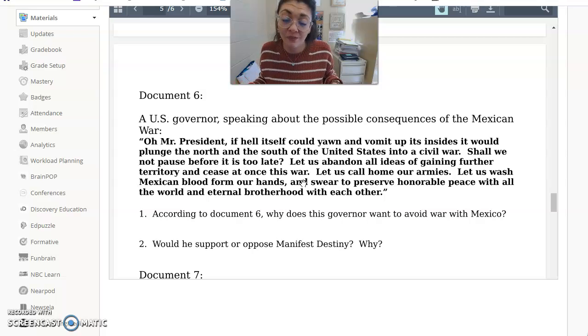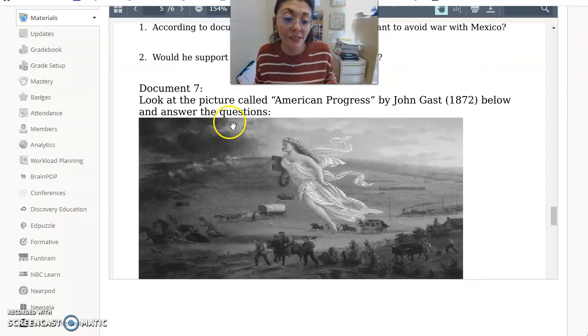An effect of Manifest Destiny seems really good as an effect, or potentially explaining that Manifest Destiny was essentially positive or negative. And then lastly, we have this John Gast American Progress painting that we've spent a great deal of time analyzing and picking apart various pieces of it.